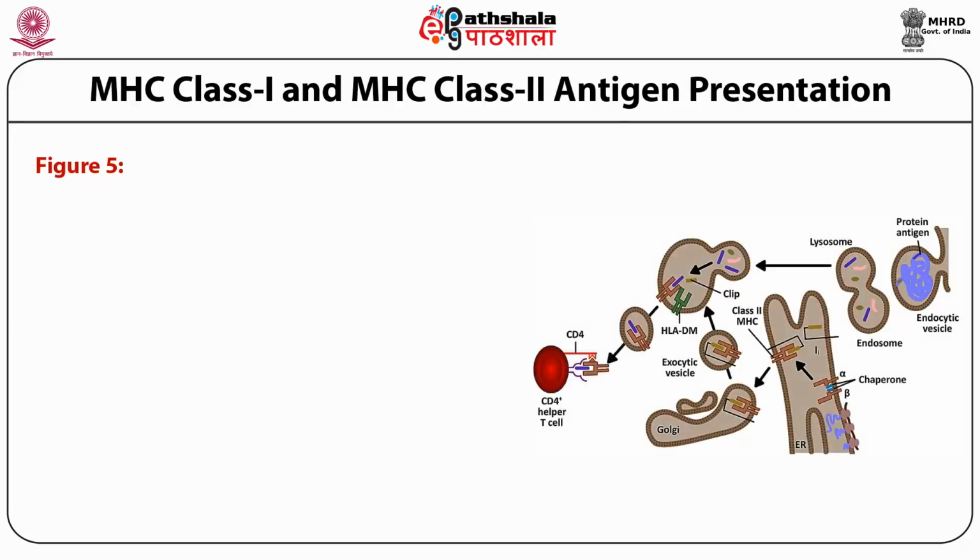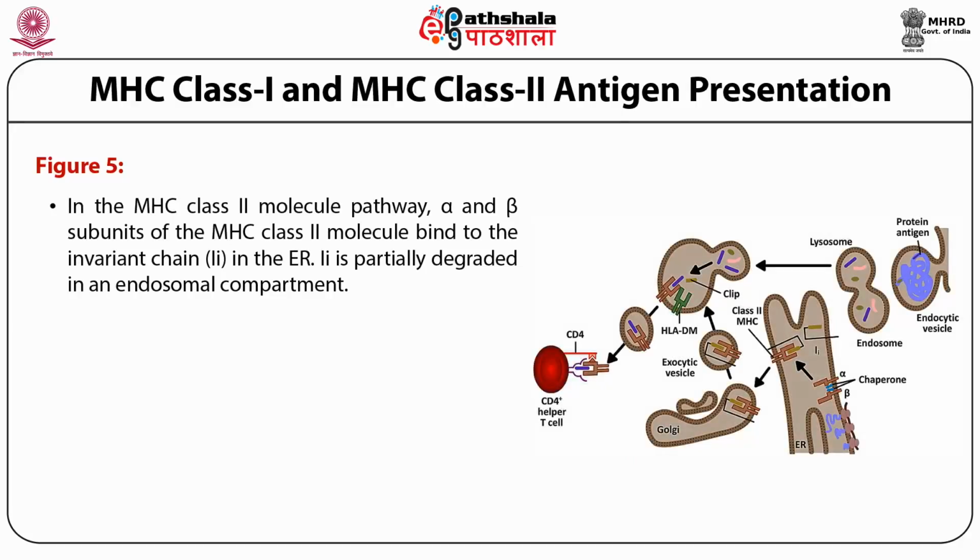This slide shows the class 2 MHC molecule pathway, where the alpha and the beta subunits of the class 2 molecule bind to an invariant chain that is represented as big I and a small i, and that happens in the endoplasmic reticulum. The invariant chain is partially degraded in an endosomal compartment.